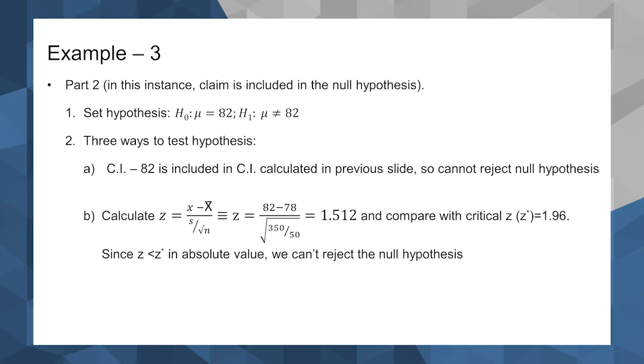Those two are the z-critical on a two-tailed hypothesis test like this one, we've got plus 1.96 and minus 1.96. If the z-score falls between minus 1.96 and 1.96, then we cannot reject the null hypothesis, which is the case here. 1.512 is between minus 1.96 and 1.96, so we can't reject the null hypothesis.